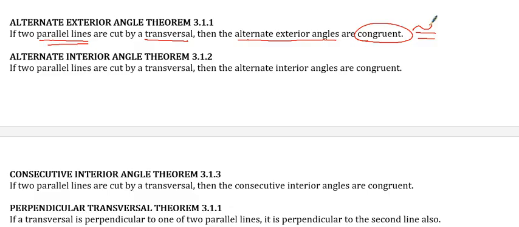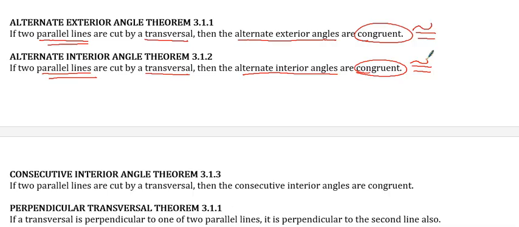So alternate exterior angles are congruent if it's parallel lines. Alternate interior angle theorem: if two parallel lines are cut by a transversal, then the alternate interior angles are congruent. So check this out. If we have parallel lines, corresponding angles, alternate interior angles, and alternate exterior angles are all congruent.